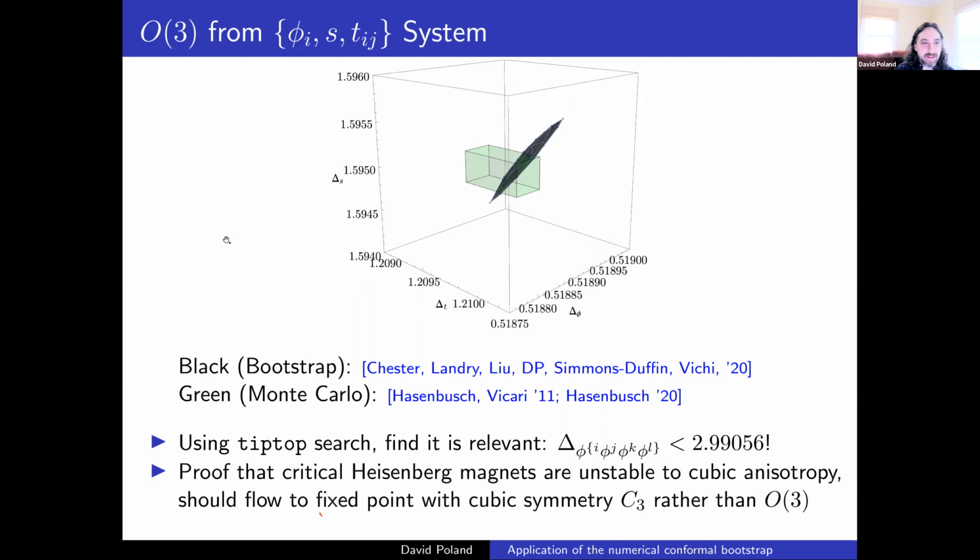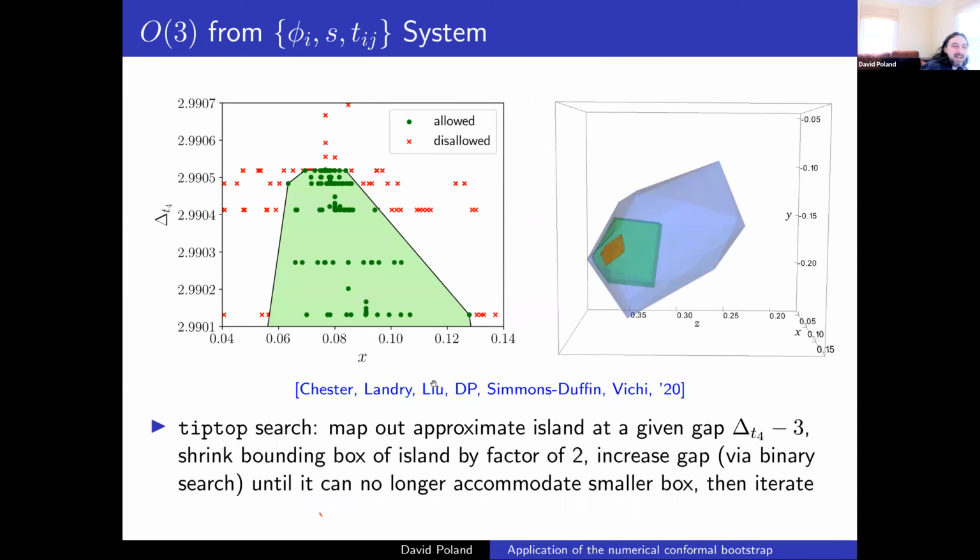I have one more slide on this Tiptop search. That's a really good question, and that's sort of why we designed this search, to really understand what is the maximal gap in the scaling dimension, because you compute 2.99 and you're like, maybe it's just 3.